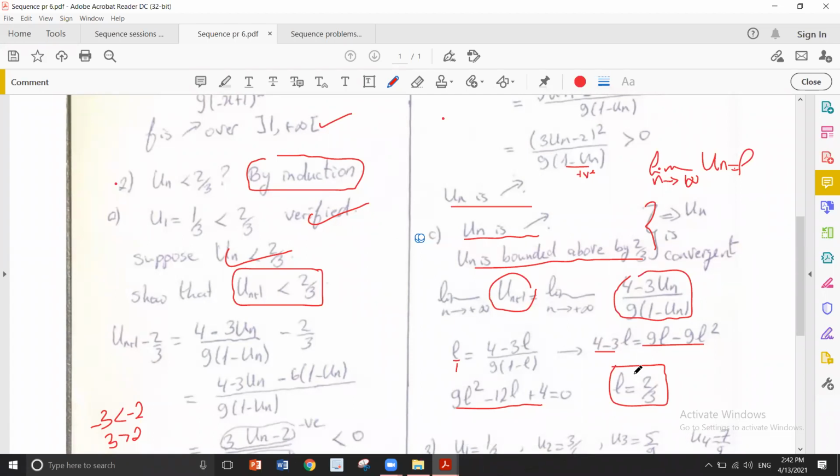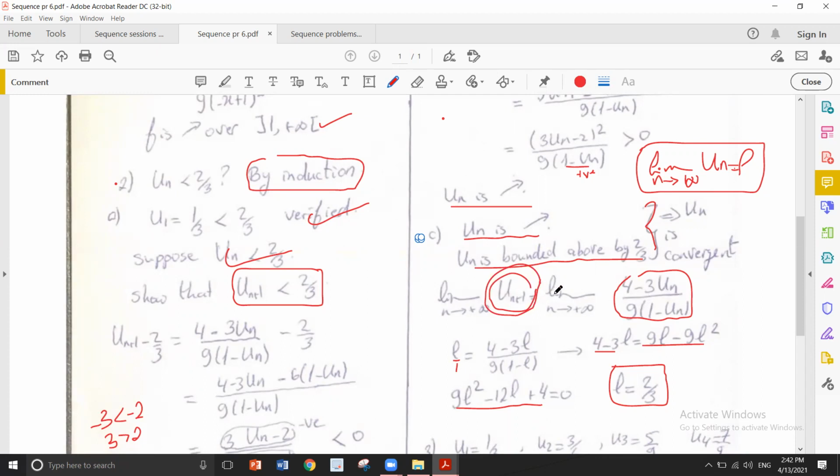Teacher, can you explain again why we took the limit? Because whenever the sequence is convergent, meaning the limit exists, the limit as n tends to plus infinity of un will be equal to L. We have this relation: un plus 1 equals 4 minus 3un over 9 into 1 minus un.